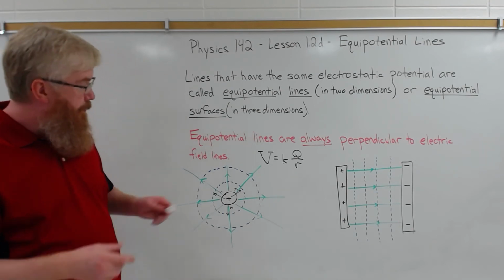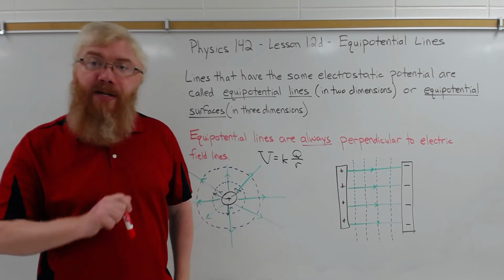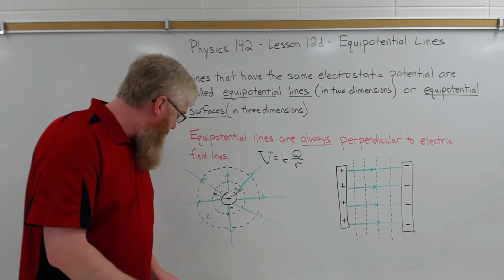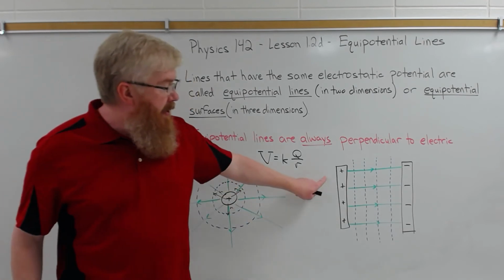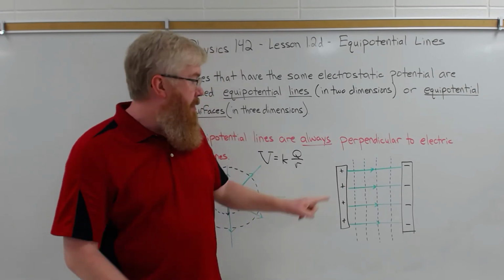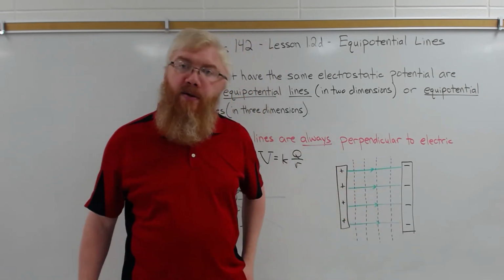So, looking at a capacitor, which we'll actually introduce in the next video. I've talked about it a few times before this, though. We have a positive plate and a negative plate separated by some distance. The green lines show the electric field between those plates.